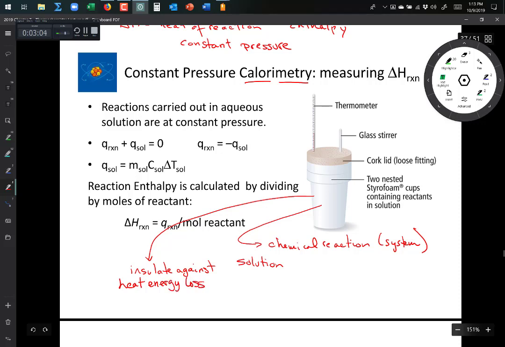The styrofoam cups insulate against heat energy loss. So we're going to basically say that everything happens in the cup. All the energy is transferred between the chemical reaction and the water, and none of it gets outside. So we're essentially making conservation of energy true inside the styrofoam cup.